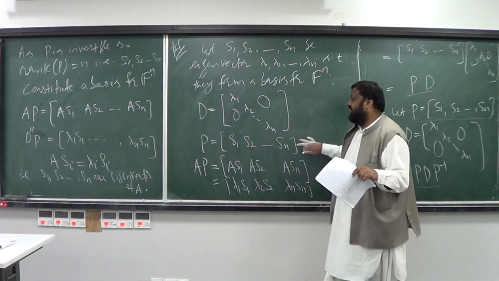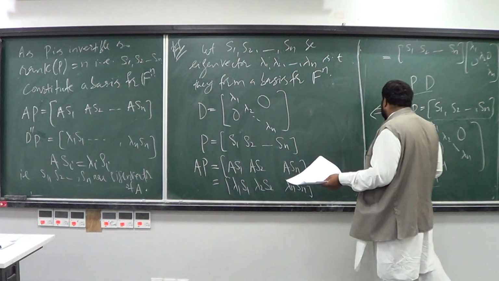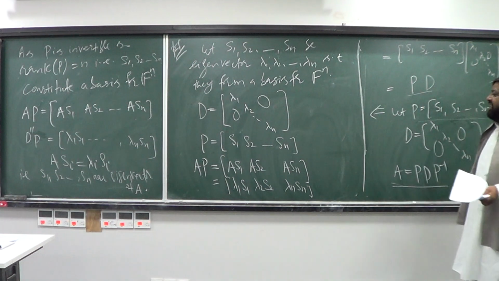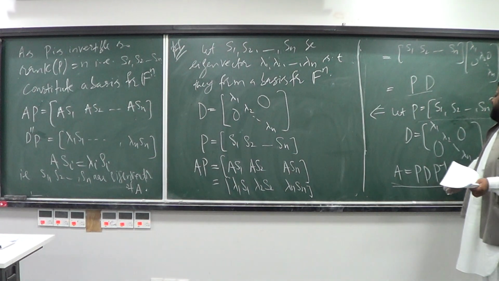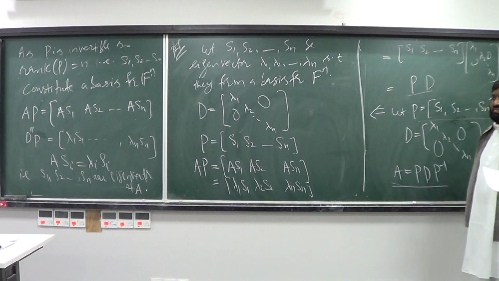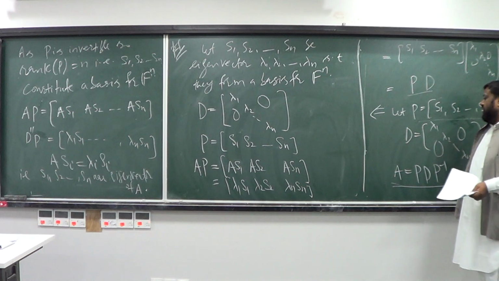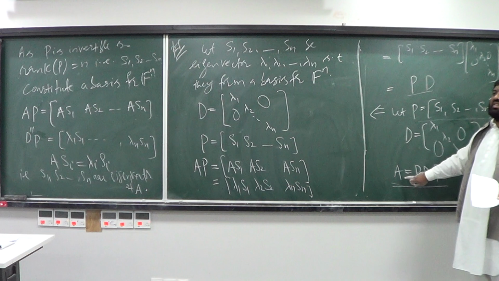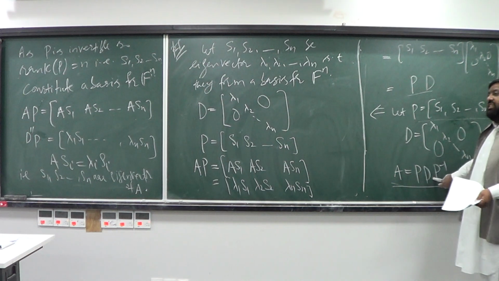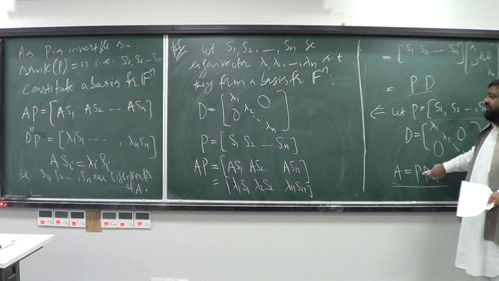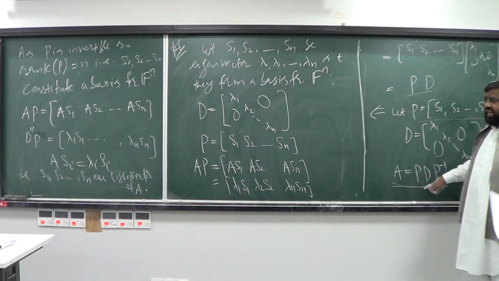This is going to be the similarity matrix, which satisfies this identity, in other words, that A is similar to the diagonal matrix D. So for finding the diagonal matrix to which A is similar, you don't have to do anything else.